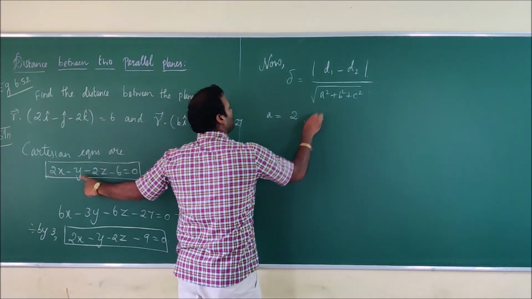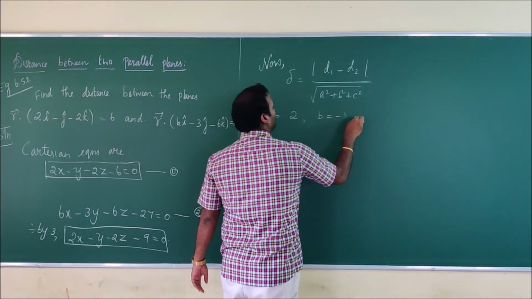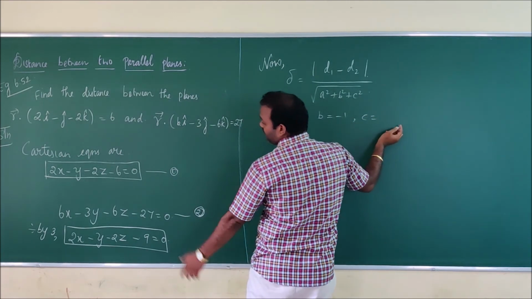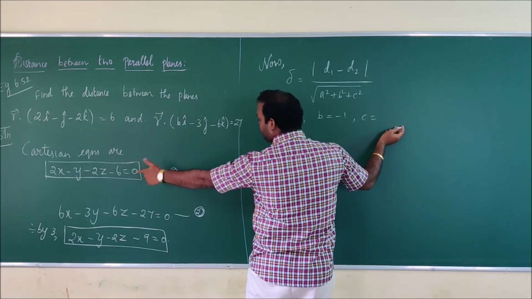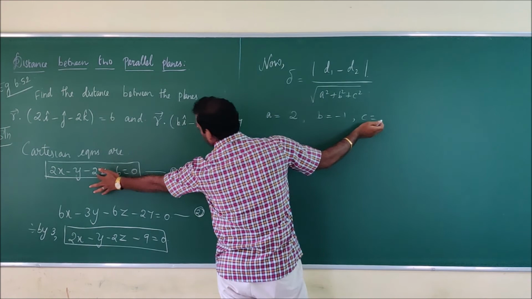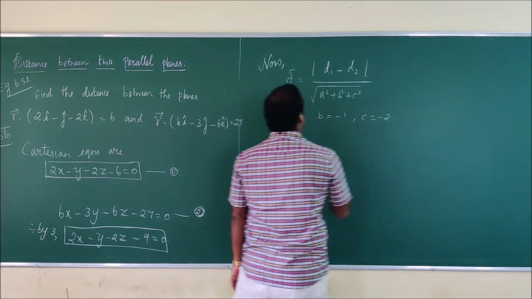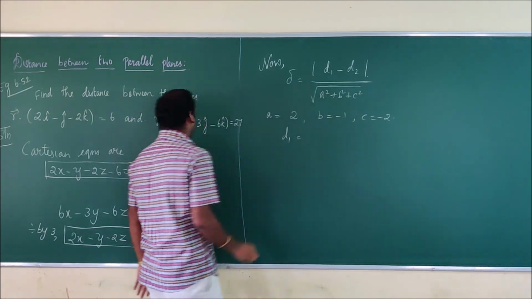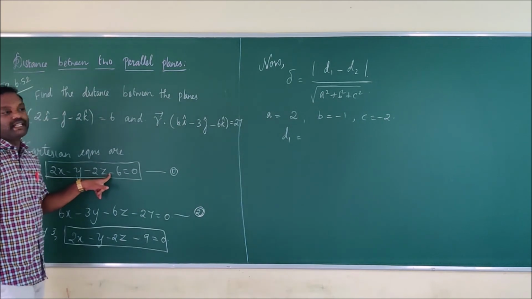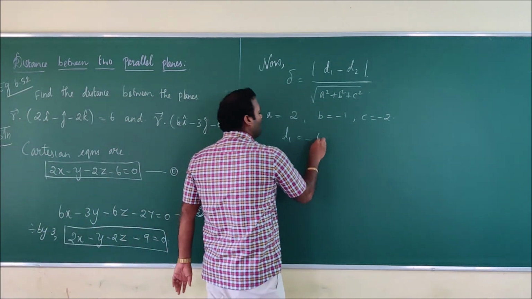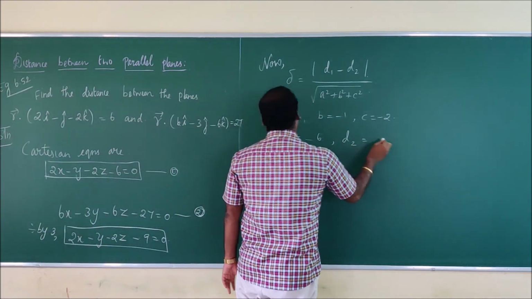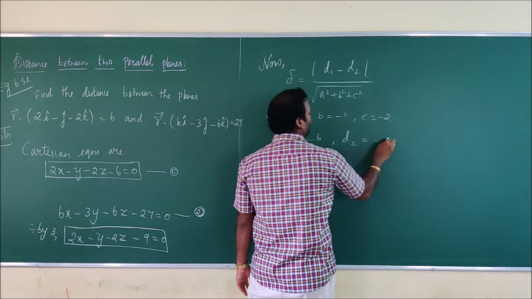A equal to 2, B equal to minus 1 and C equal to minus 2. D1, the first constant, is minus 6. D2, the other constant, is minus 9.